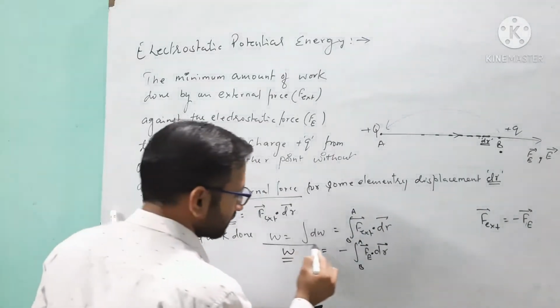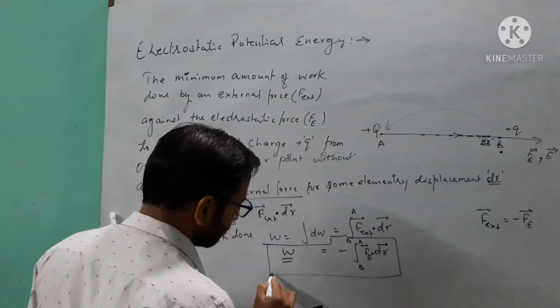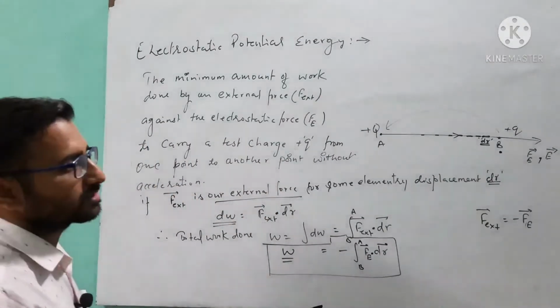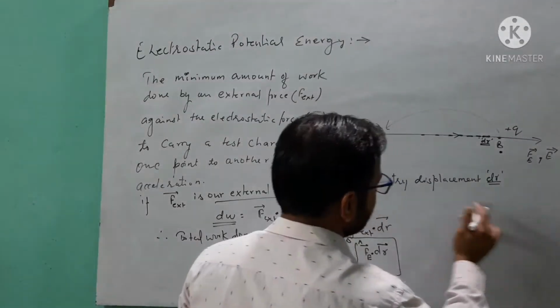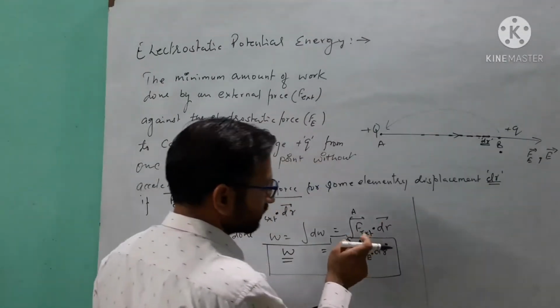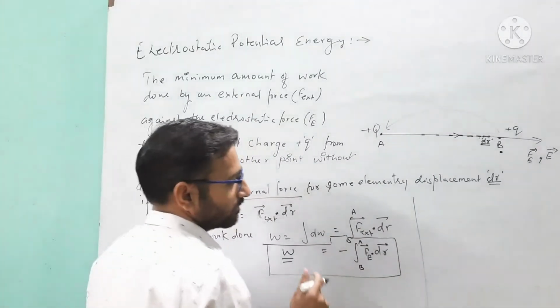This is the formula of the amount of work done, and this work is stored as the electrostatic force negative of the external force, or you can say vice versa.